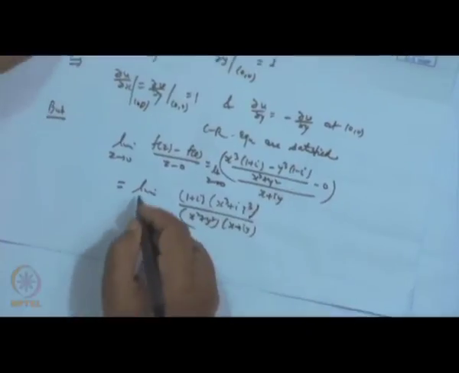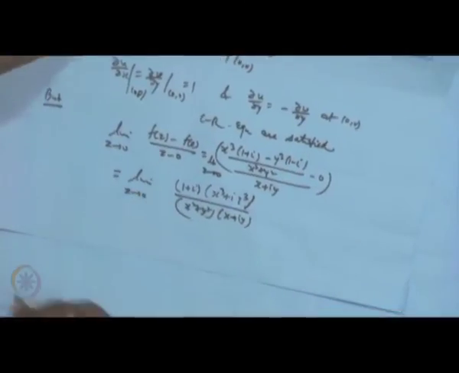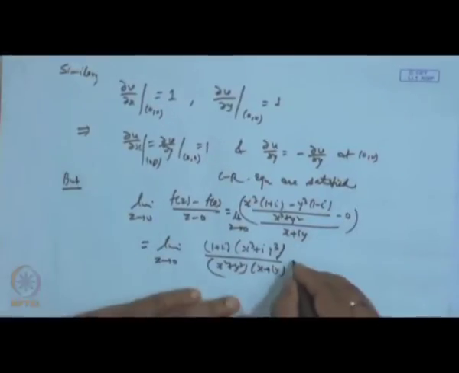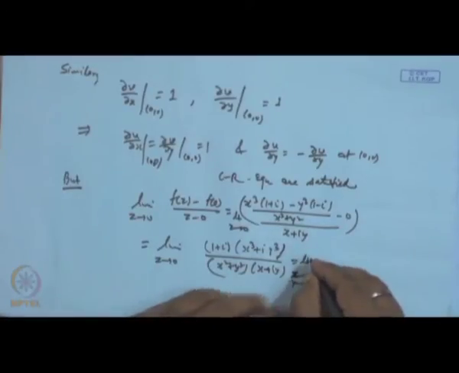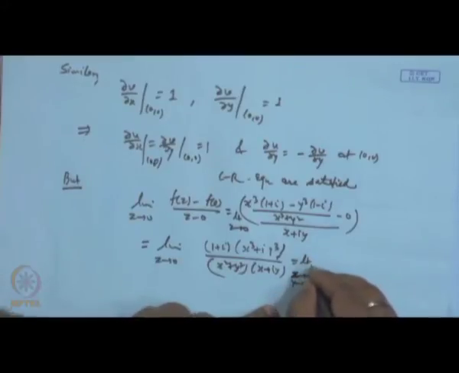Okay. Now, multiply by its conjugate, limit z tends to 0. So, when you multiply by its conjugate, you are getting this. The limit z tends to 0 means x tends to 0, y tends to 0. Okay. Then take z along y equal to m x also.